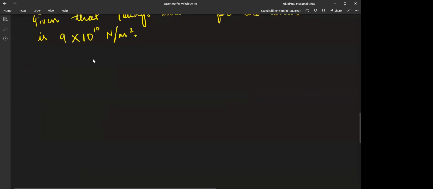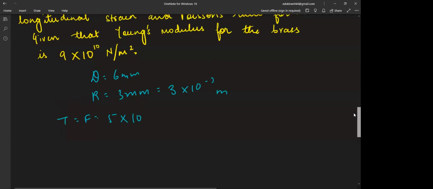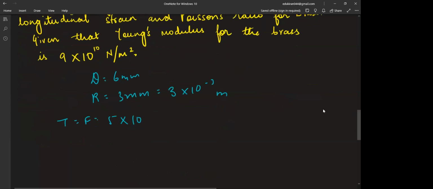What is the diameter of the rod? 6 millimeters. So radius will be 3 millimeters, that is 3 into 10 to the power minus 3 meters. Tension, which is equal to the force, is 5 into 10 to the power 3 Newton. Now, what is the change in diameter? 3.6 into 10 to the power minus 4 centimeters.